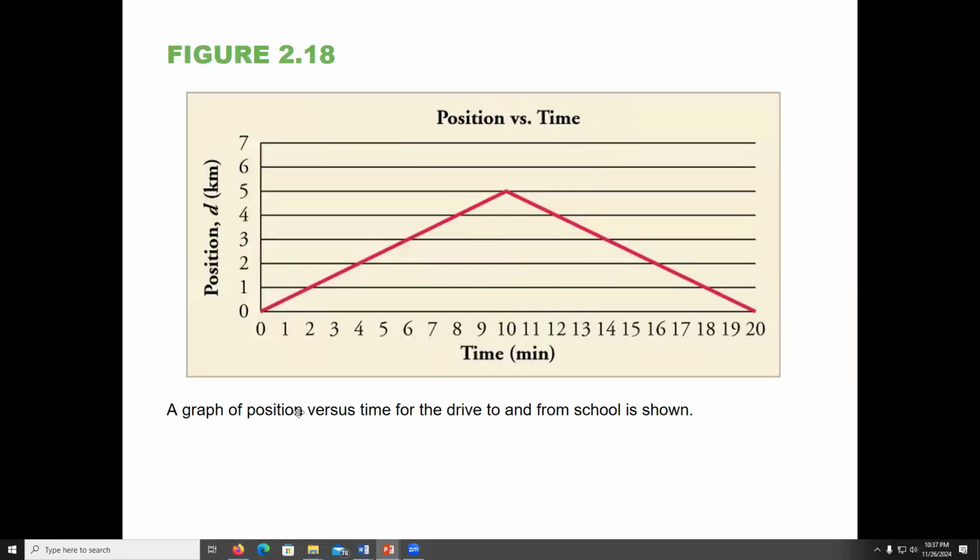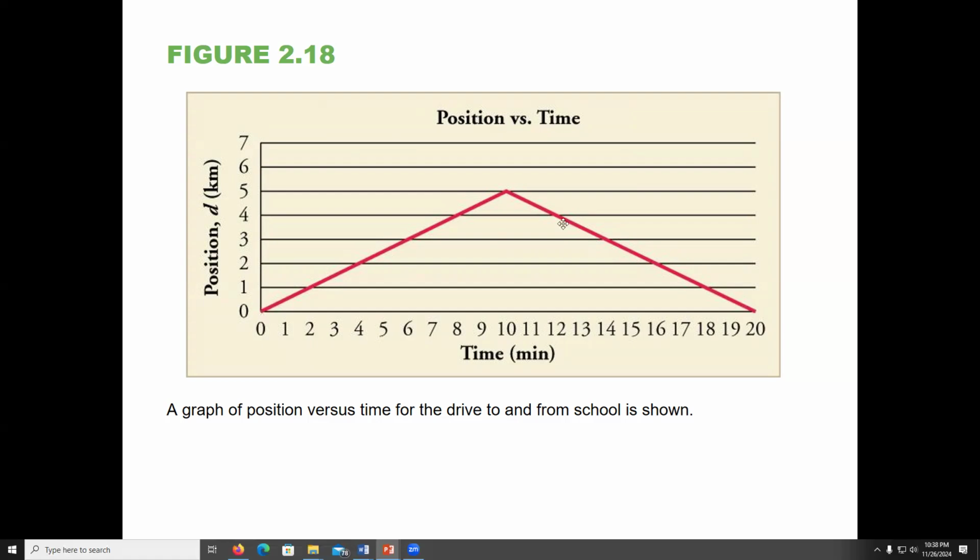Now let's look at this very interesting trip. What does this trip show you? It shows us that the whole trip took about 20 minutes, because we started at 0 and ended at 20. So D naught, or D initial, is 0. And I'm sorry, the T initial, or T naught, the beginning time, was 0, and the finish time, T final, is 20. So the whole trip took 20 minutes.